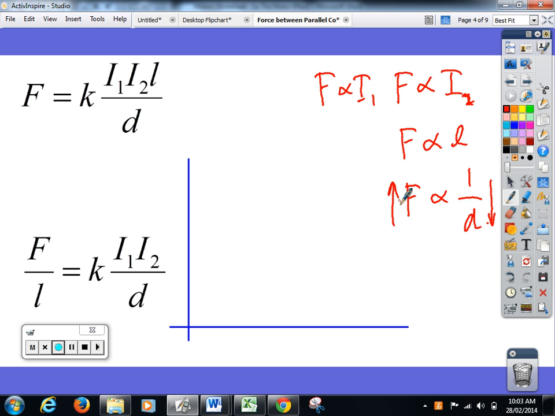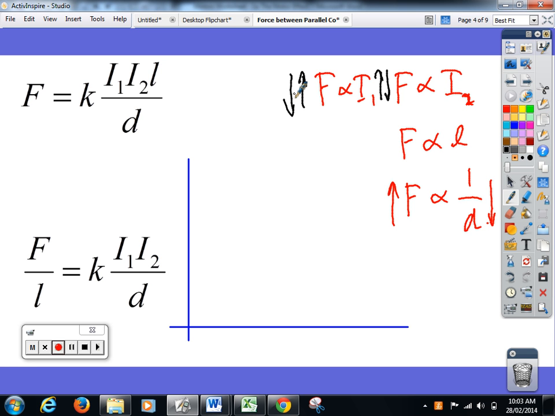Okay? Now your job tonight will be to work out why this happens. And it's on that box there, it says the effect of the change. Oh no, it just says the effect. So we don't care. You don't have to explain why. So in that box is just what happens. So if the current goes up, what goes up? Force. If the current goes down, the force goes down as well. So the effect of the change of it is increasing current increases the force, decreasing current decreases force. Okay? Length.